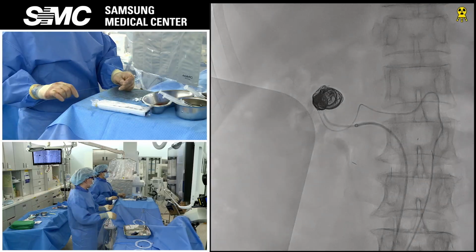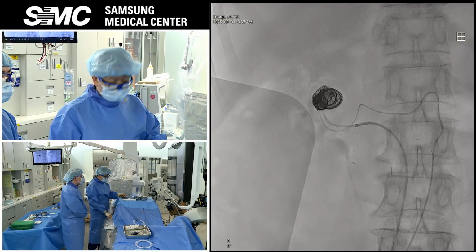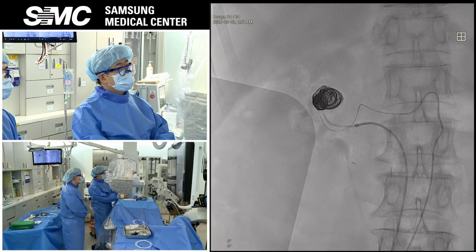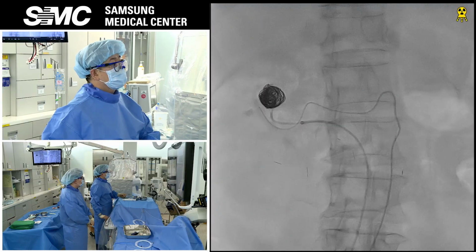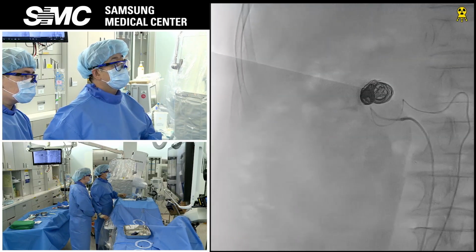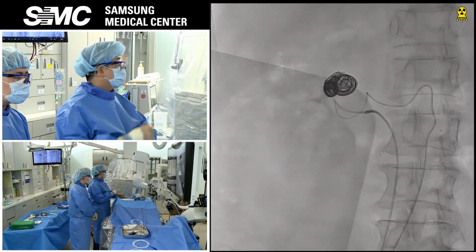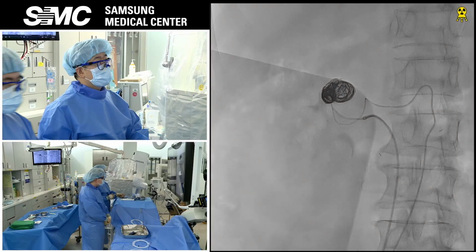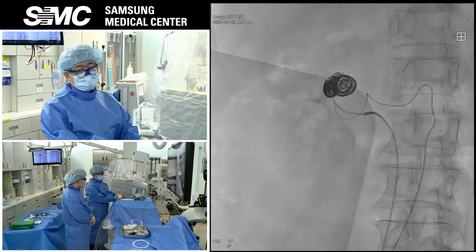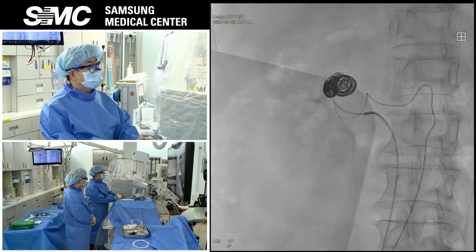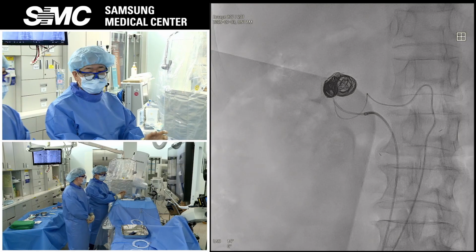Sometimes it is very difficult to identify the tip of the microcatheter in the coil mass, so it is sometimes very tricky to use the detachable coil system. Rotating the X-ray tube can give us more information about which part of the coil mass is radiolucent and which part is dense.